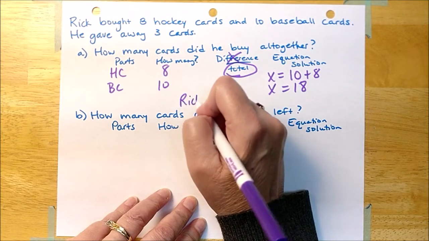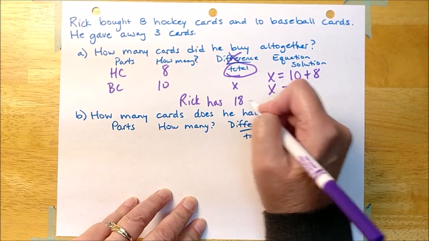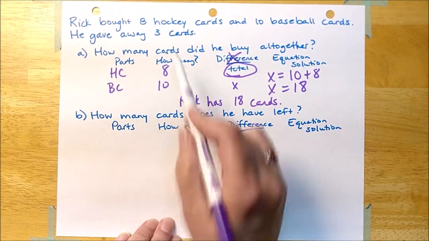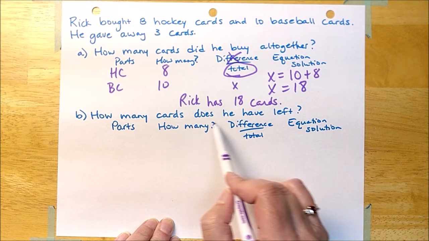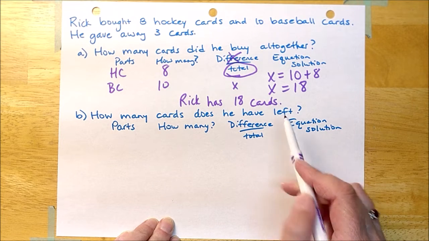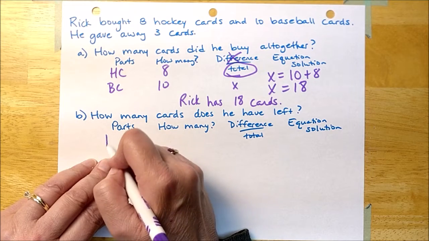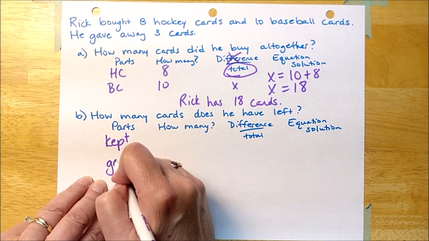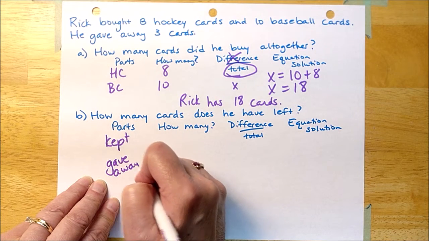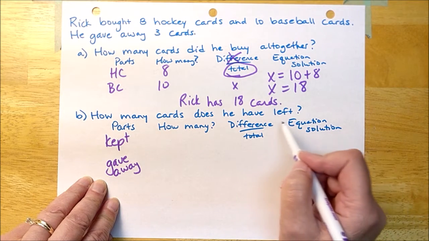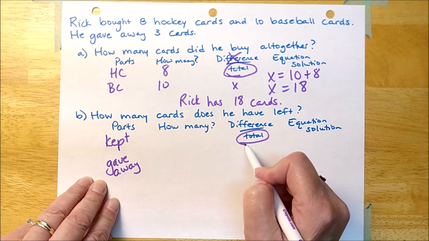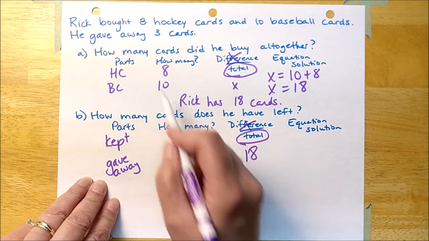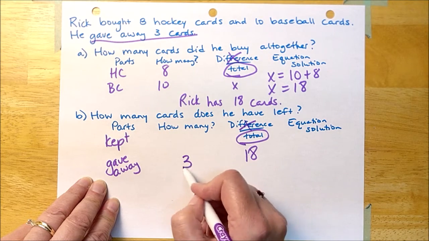So Rick has 18 cards. Now the question says, using all this information, how many cards does he have left? So this would be cards he kept, and gave away. We know his total number of cards. It's 18, right? We know how many he gave away, which is 3.